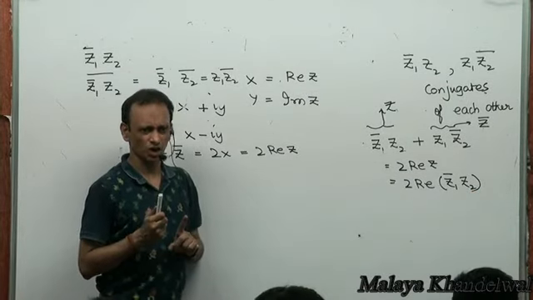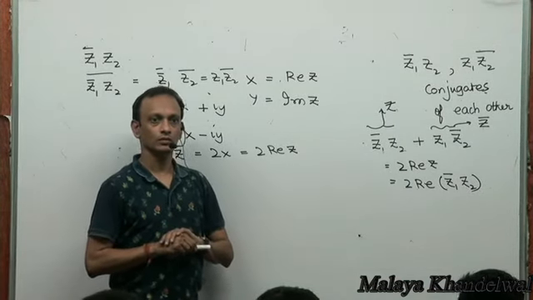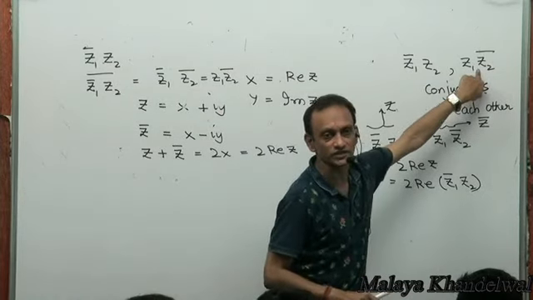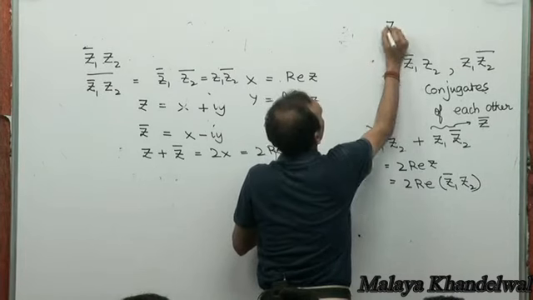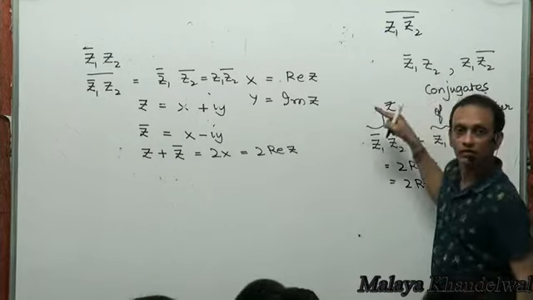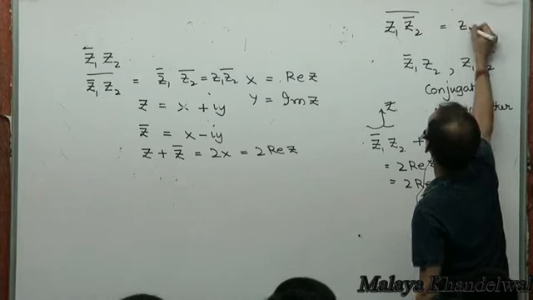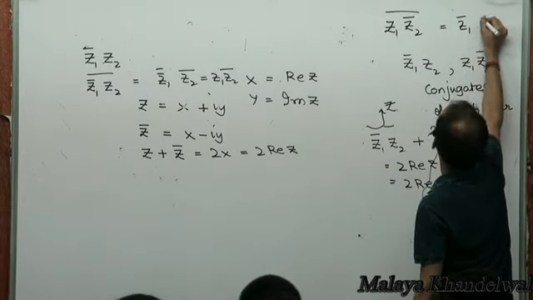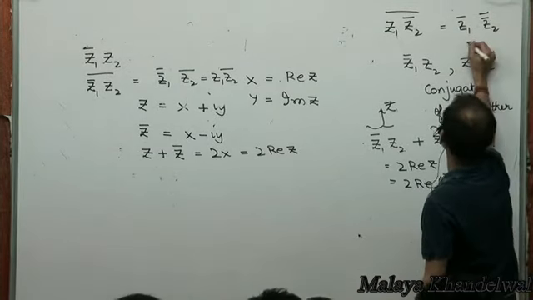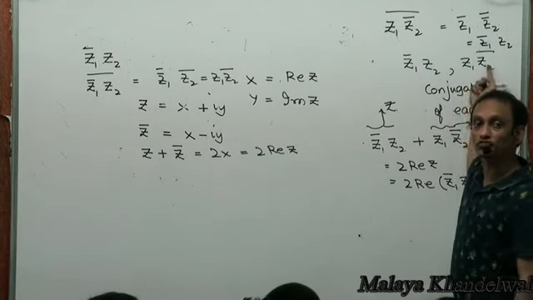Do you understand this? Lost? Why is this the conjugate of this? Okay, let me take the conjugate of this and figure it out. Let me take Z1 Z2 bar, and let me take the bar of this. Now, the bar of the product would be product of the bars. That's a property. So that's going to be Z1 bar, Z2 bar bar. But Z2 bar bar is the same as Z2. So that's going to be Z1 bar Z2, right? So they are conjugates of each other.